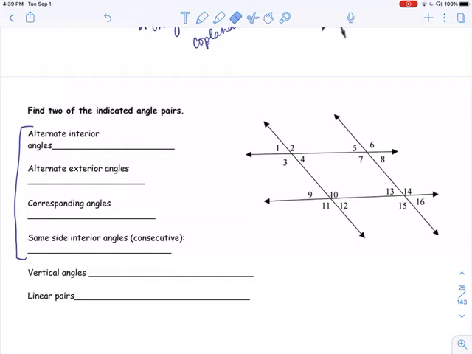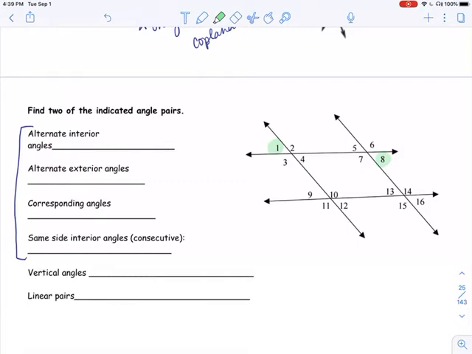Let's take a look at alternate exterior. So if I take a look at number 1, then if I follow this horizontal transversal, 1 is going to be alternate exterior to angle 8.